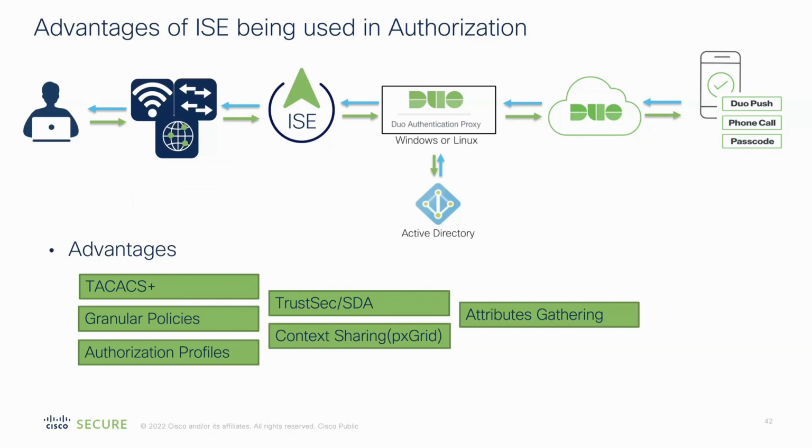And you can even make use of TrustSec, context sharing, attribute gathering, and so on. That's the beauty of using ISE at the authorization level. I mean, not instead; that's where we were trying to get the advantage of ISE being used at the authorization level.